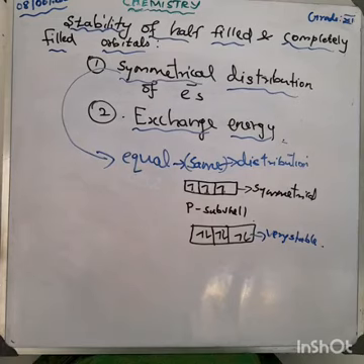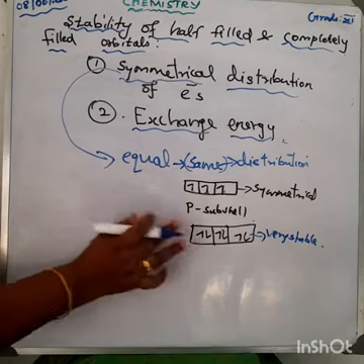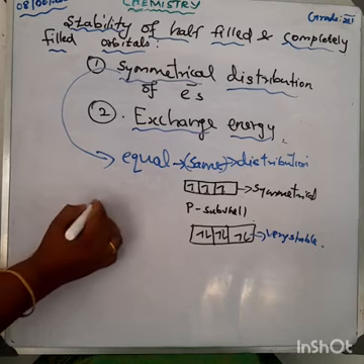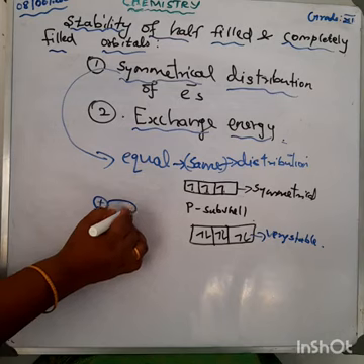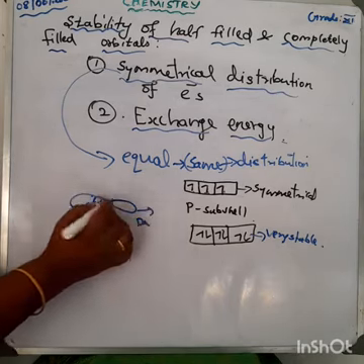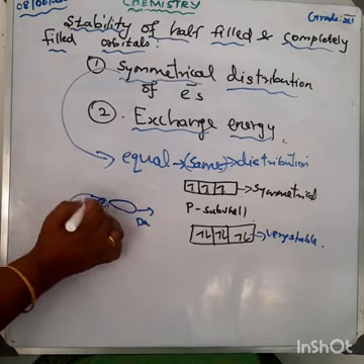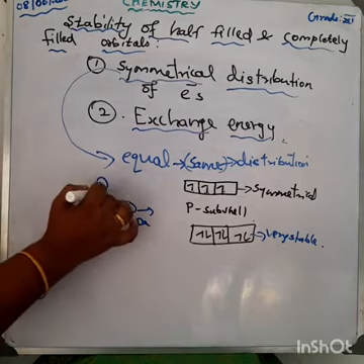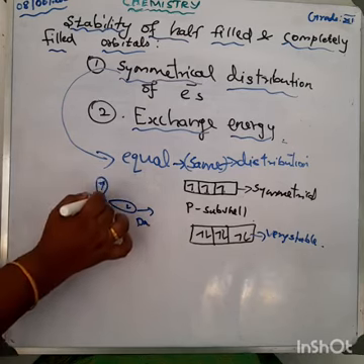For example, I'm taking the p orbital. This is the completely filled p orbital. How will it be distributed? This is the nucleus. This is the px orbital, which has 2 electrons, and this is the py orbital, which also has 2 electrons, and the pz orbital also has 2 electrons.